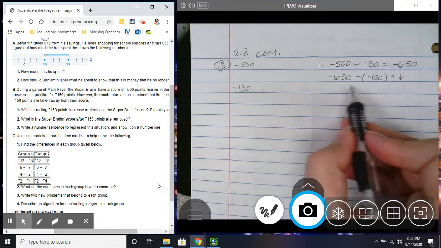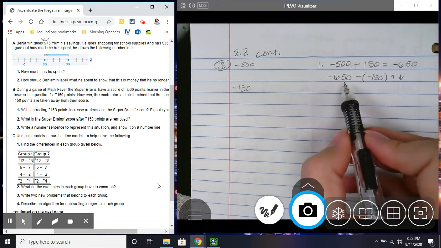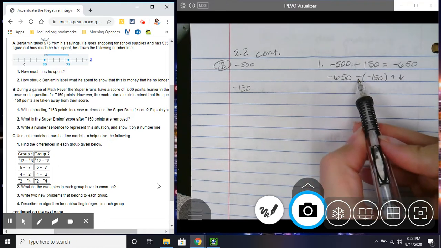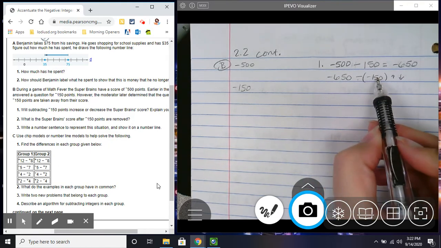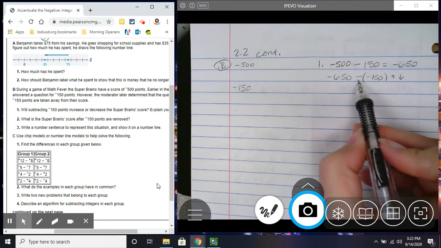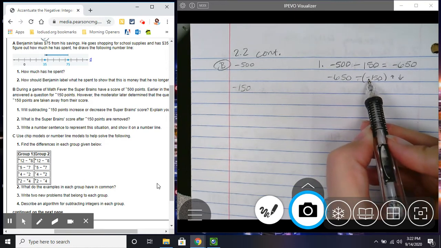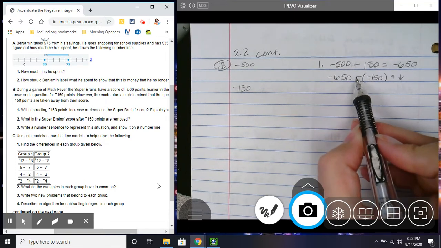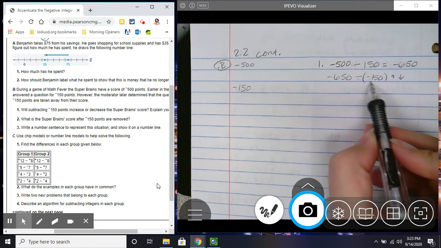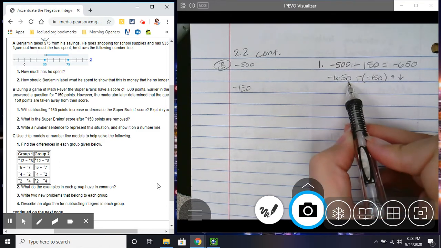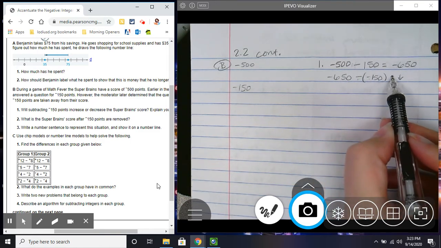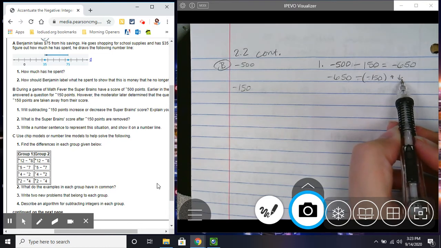So this is the important part about reading it correctly, is that it says, will subtracting -150. That's two separate things. Remember, action, adjective. Will subtracting this number from this make their score go up or down?